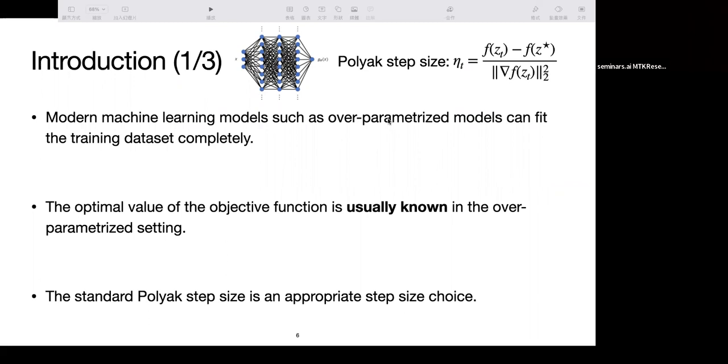Over-parametrized means that the number of the neurons is much larger than the number of data samples. And this makes the optimal value of the objective function usually known. Hence, the standard Polyak step size is an appropriate choice of the step size selection in the over-parametrized setting.